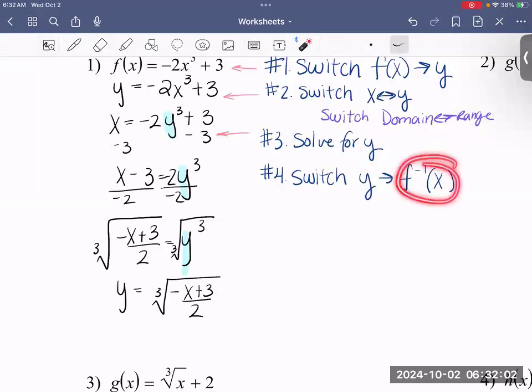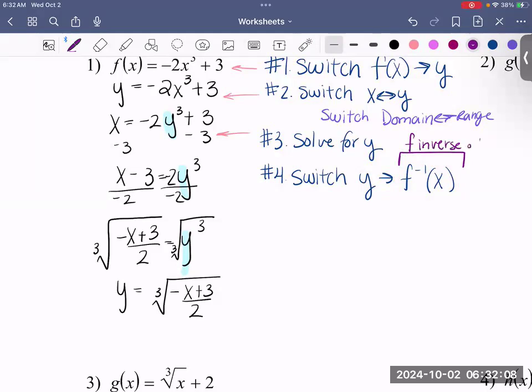This is how you say inverse. So for your very last one, we now have f inverse of x is equal to the cube root of negative x plus 3 over 2.